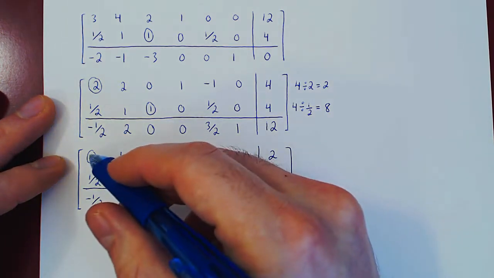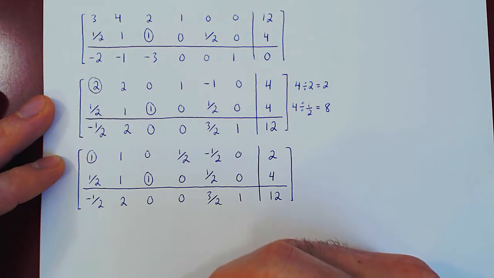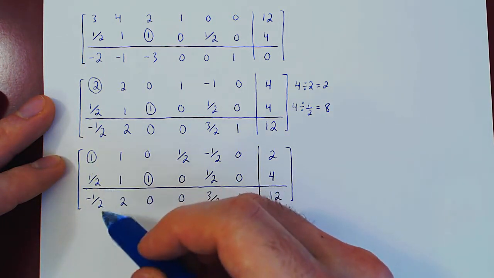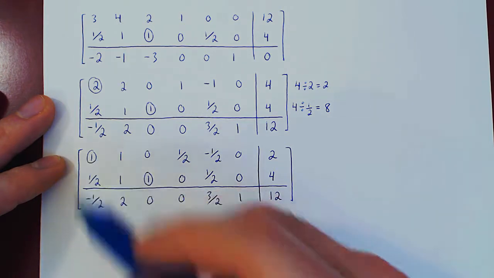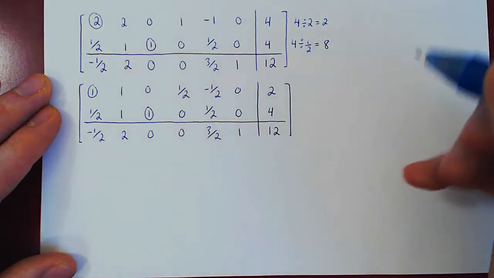Now that we have our pivoting 1, we use it to kill the entries below. So we'll do row 2 minus 1/2 of row 1, and row 3 plus 1/2 of row 1. So let's perform these two operations.